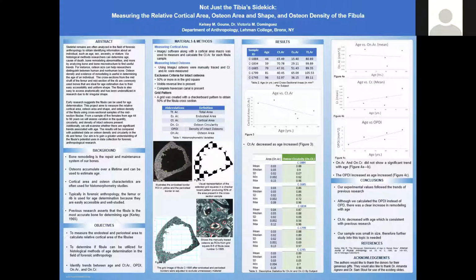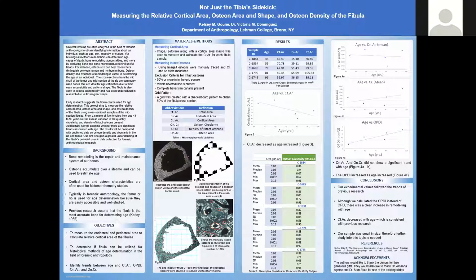So I'd like to start by explaining some of the methods and why forensic anthropologists use these methods. Forensic anthropology uses histological methods, which is basically methods looking at the microstructure of tissue to determine things like age, sex, and stature.